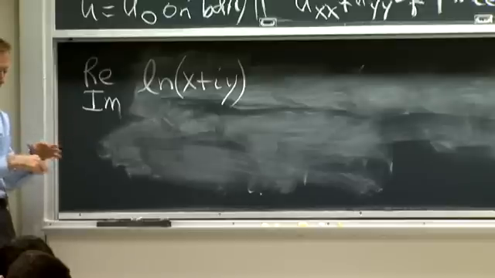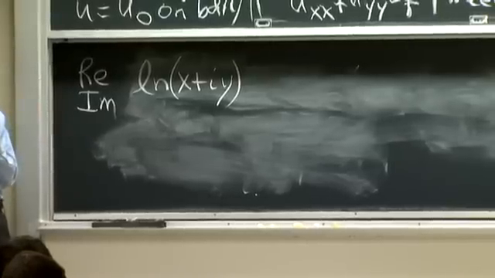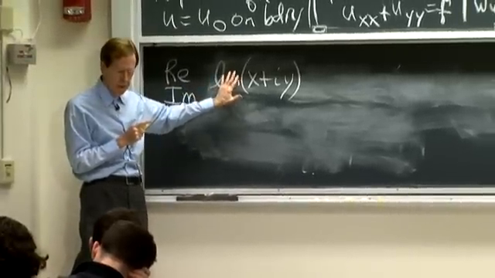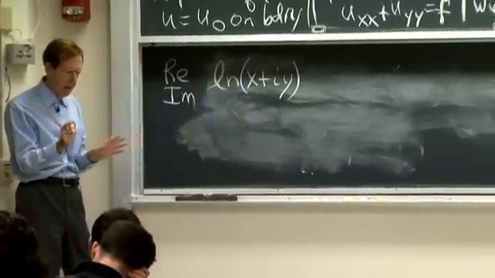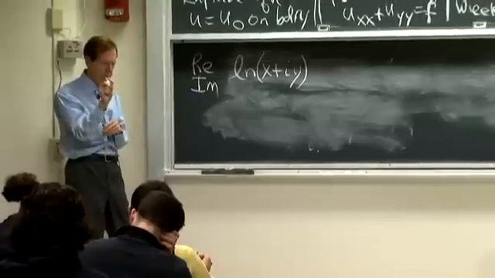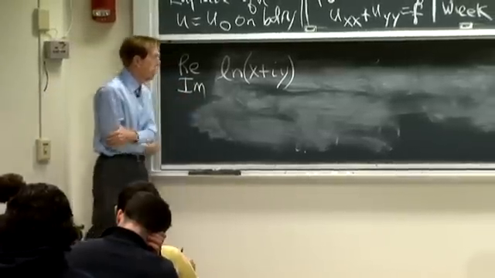So except at one point it has a problem, right? There's a point where this is not going to be analytic, and there's going to be a special point in the flow which is singular somehow.